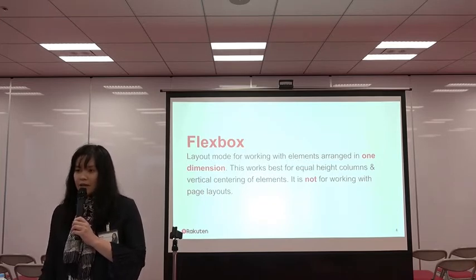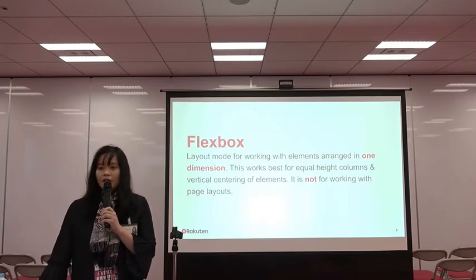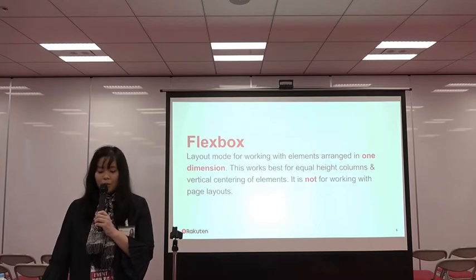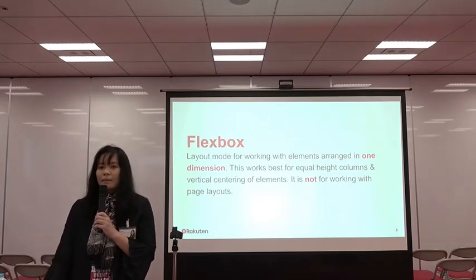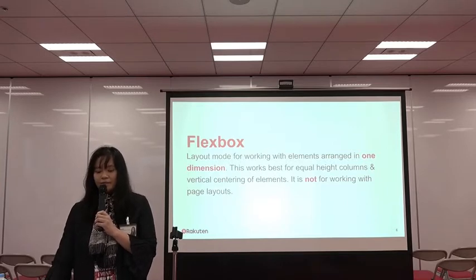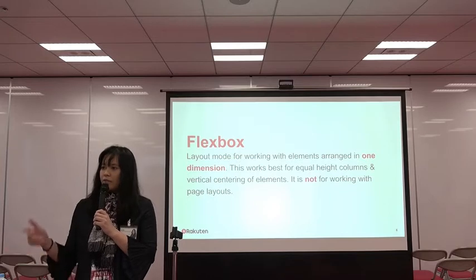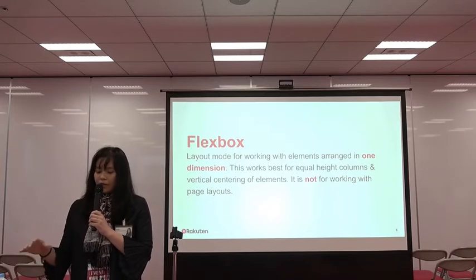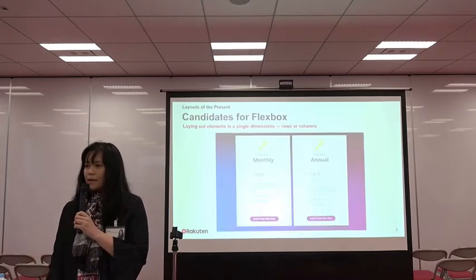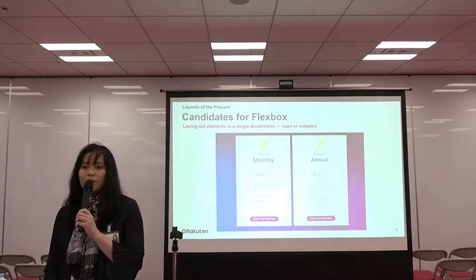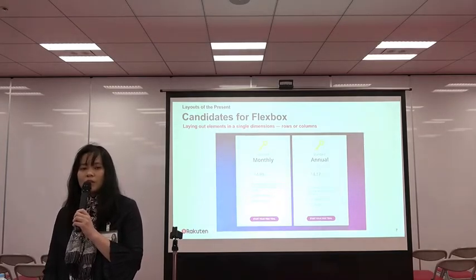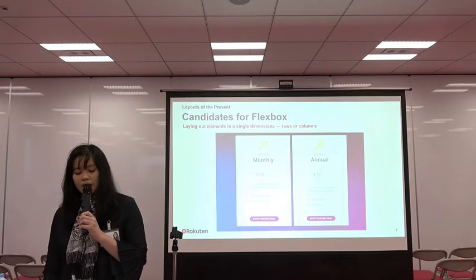We have Flexbox. Flexbox is a new layout mode. Well, it's not really new, but it's just a layout mode for making it easy for you to arrange elements in one dimension. It makes it easy for you to arrange elements in horizontal, vertical, or in reverse. So what is a prime candidate for Flexbox? You would use Flexbox if you want to achieve equal height columns.